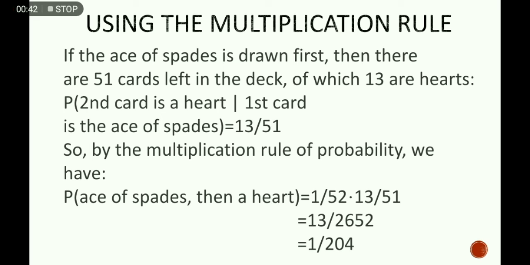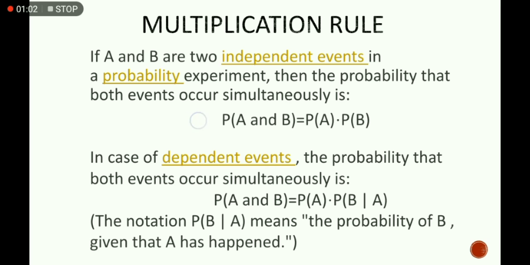And 13 kasi nga from ace of hearts hanggang king of hearts. So by the multiplication rule of probability, we have probability of ace of spades then a heart is equals to 1/52 multiplied by 13/51.